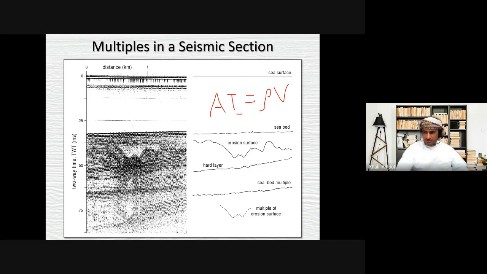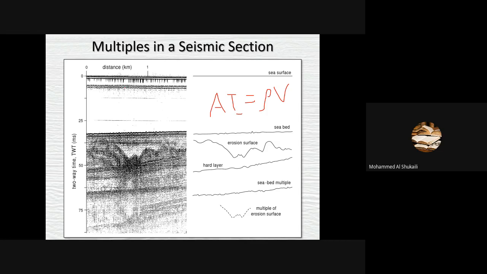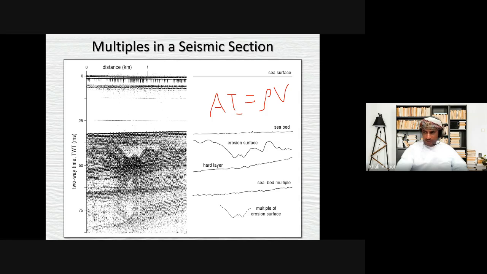This is the real geology, and this is the seismic trace, as you see. What do you see here? There are some cable noises, other noises on the surface. These are acquisition noises. You mean multiples having a strong reflector? Yes. So where do I see the multiple here?